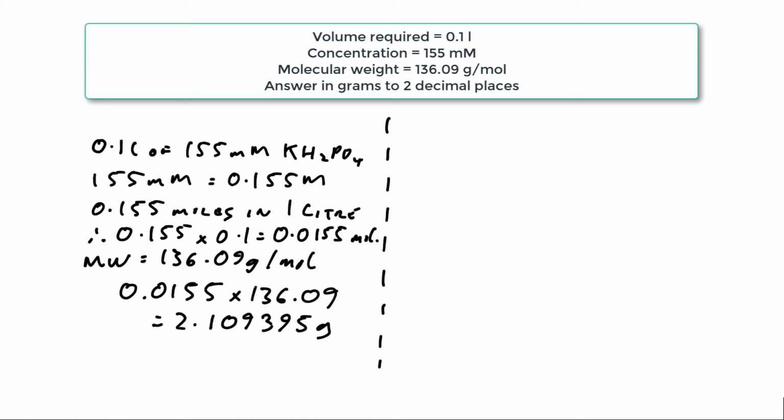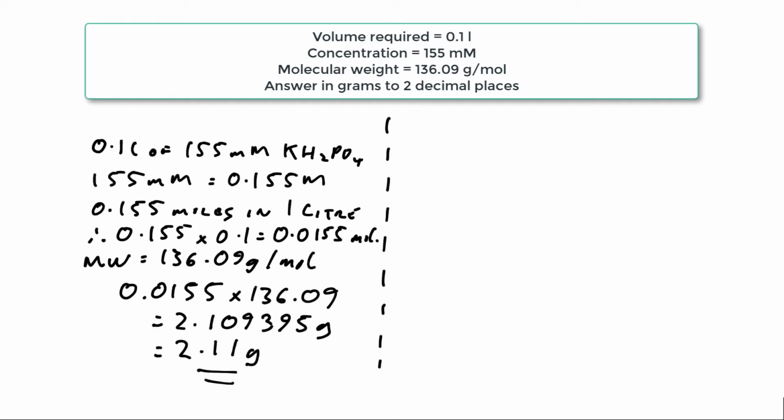So this 2.109395 grams is the same as 0.0155 moles. Therefore, we would have to weigh this number of grams out to get the amount of potassium phosphate we require. Now don't forget, the question asked for the answer to 2 decimal places, so the 2.109395 grams needs to be rounded to 2 decimal places, and this would give you 2.11 grams.